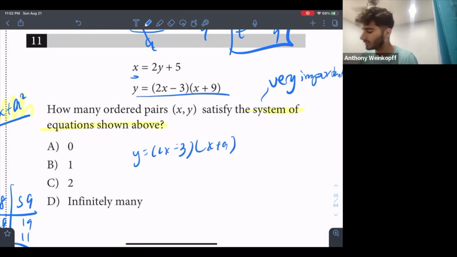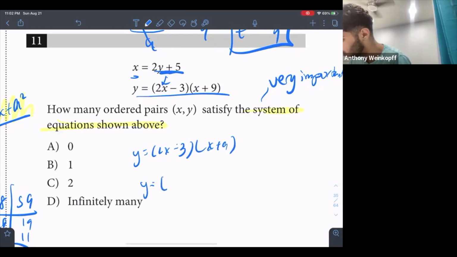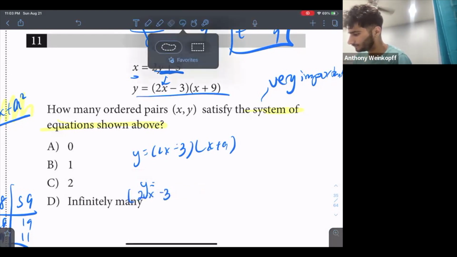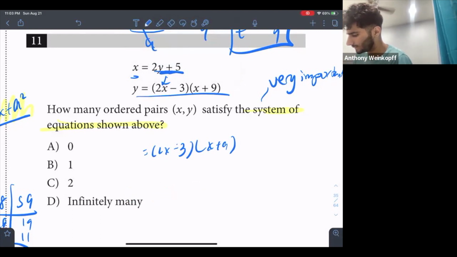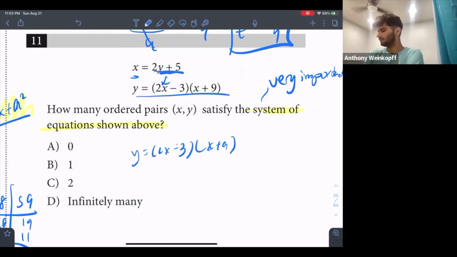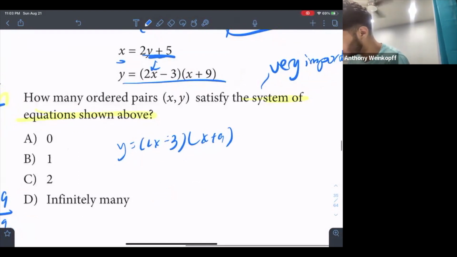So what you could do here is plug in this value for x. Actually, what we could do is FOIL everything out first, and then substitute x.